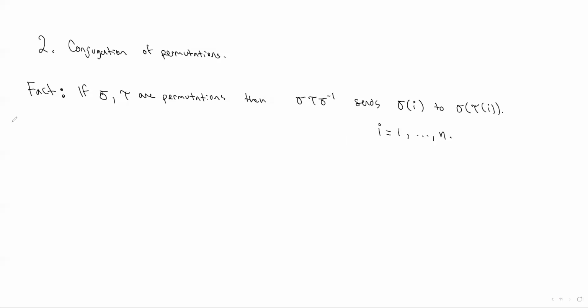The proof of this fact is really easy. Just apply sigma tau sigma inverse to sigma of i. So sigma tau sigma inverse of sigma of i is sigma tau sigma inverse sigma of i, and these cancel out. So it's just sigma of tau of i.